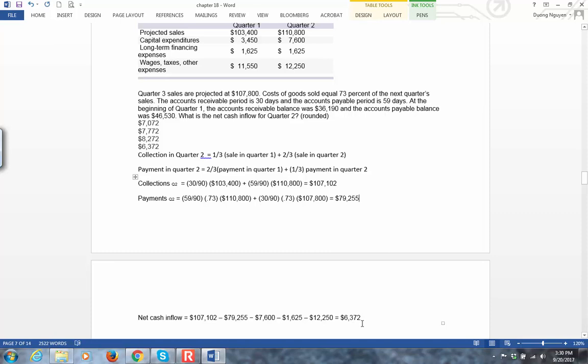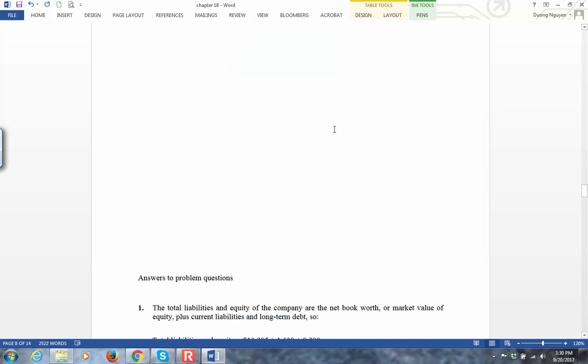So the net cash flow is 6,372. Okay, all right, thank you.